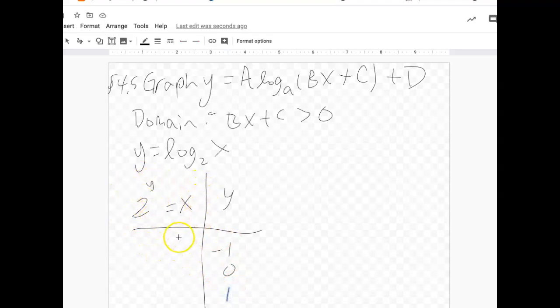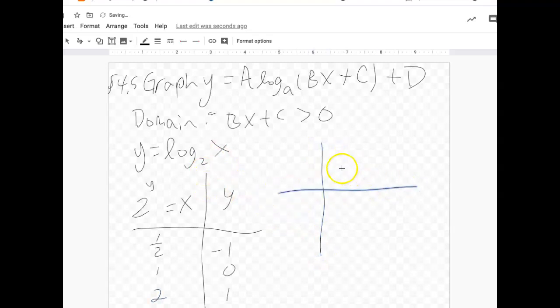So when I graph this, when I plot these points and I evaluate these points, I'll get 1/2, 1, and 2. And so you should be thinking, oh my goodness, this is similar to exponentials, and it is. One of the biggies of inverses is that you switch your x and y coordinates, and so essentially that's kind of what I'm doing with this logarithmic equation.